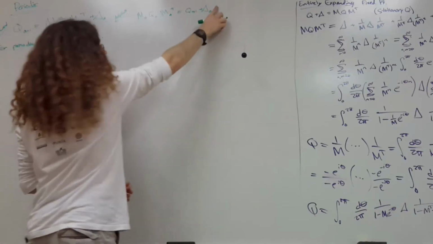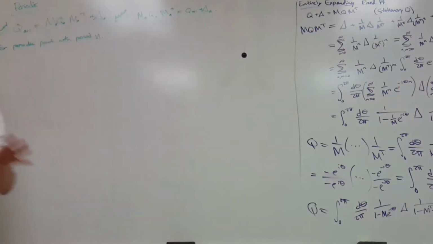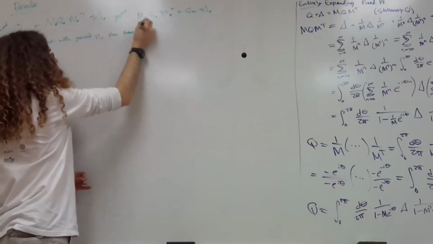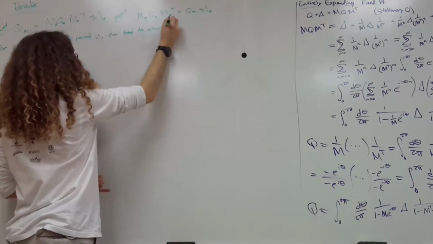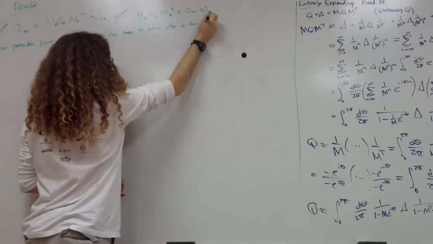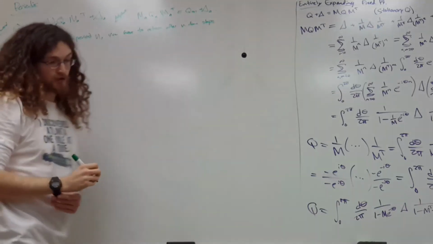Okay, so for a fixed point you had to return after one time step. For a period n you had to return after n time steps.